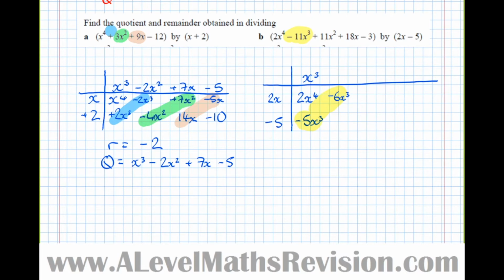Which is that there. So now we can put something here to make this multiplication work. Minus 3x squared. 2x times minus 3x squared gives minus 6x cubed.